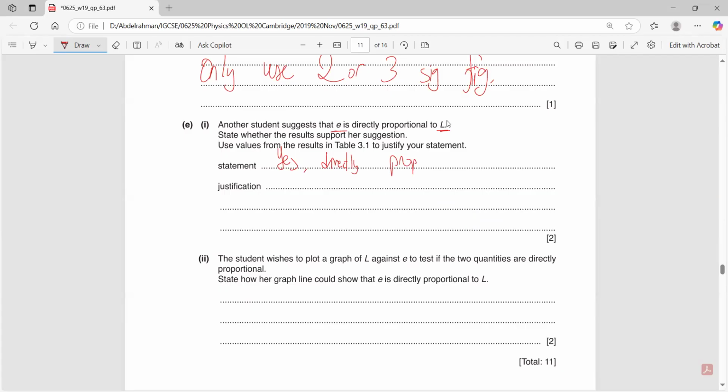Why? Because you can use these values. 4.2 divided by 1 is equal to 4.2. And then 8.4 divided by 2 is equal to, again, 4.2. And then 12.6 divided by 3 is also equal to 4.2.